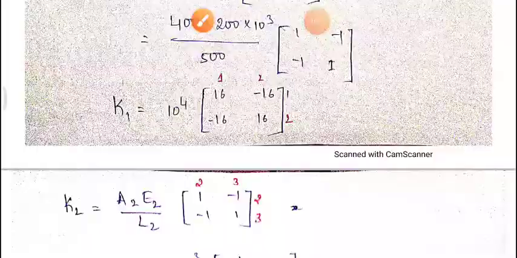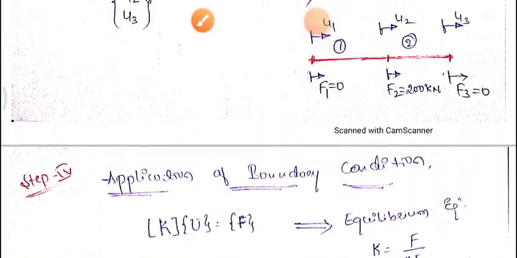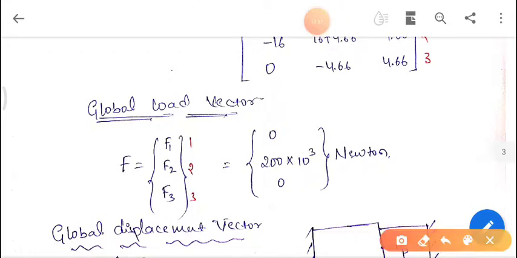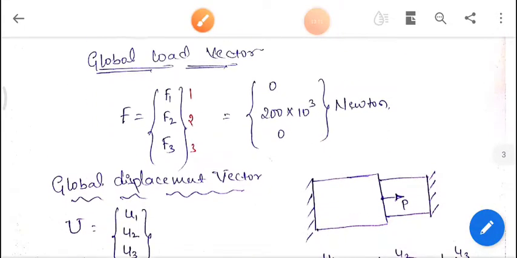Now, F1 is 0, since we don't have a force at the first node. At F2 we have 200 kilonewton, that is what I have written, 200 into 10 to the power 3. At F3 we don't have load, so I have written 0. This is how we need to form the global load vector.